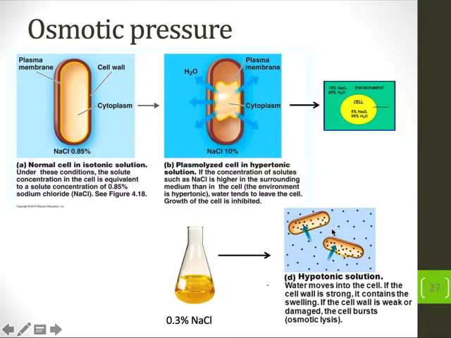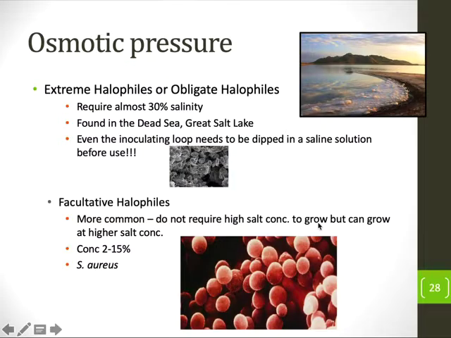And then if you place a cell in a hypotonic solution where you have a concentration of 0.3%, the cell has 0.85%, water is higher in the environment than in the cell, so it's going to move into the cell and eventually cause the cell to burst. So all these effects can be experienced by microorganisms.